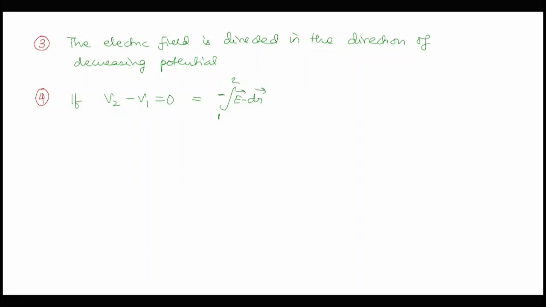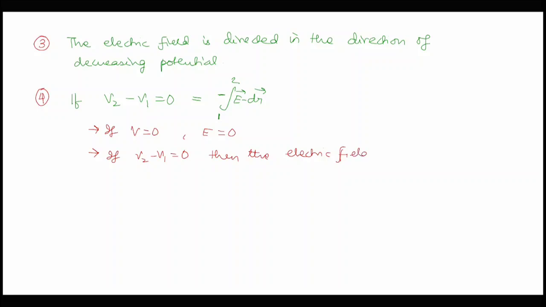The first possibility is that if potential is 0, then electric field becomes 0, and the other one is if V2 minus V1 is equal to 0, that the surface is equipotential, then the electric field is perpendicular to equipotential surface.